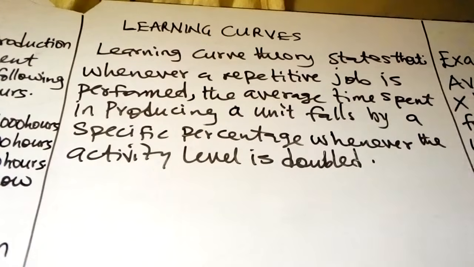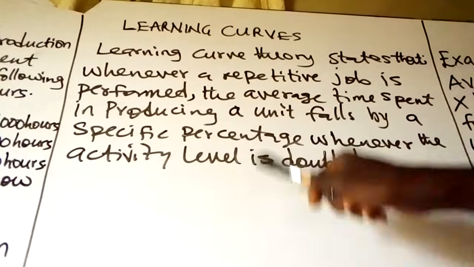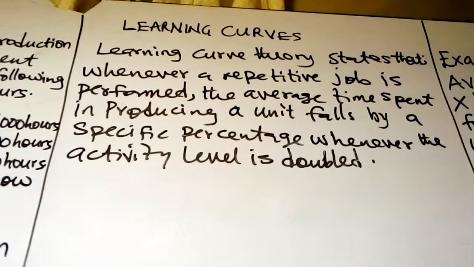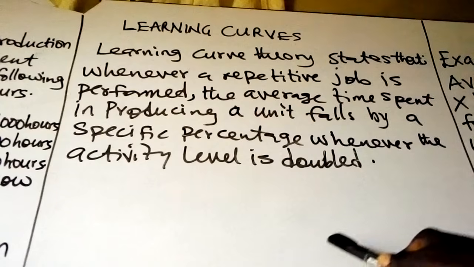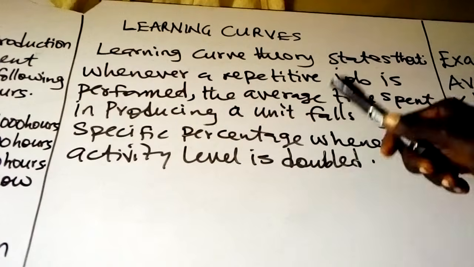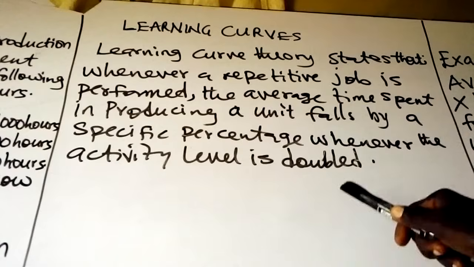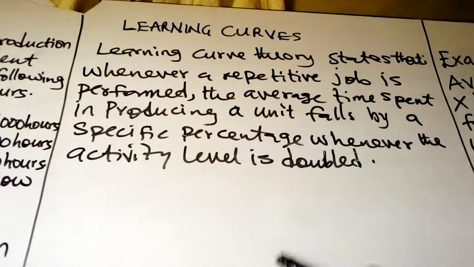Number 2, the initial bottleneck associated with the task will be overcome gradually. And number 3, he becomes familiar with the problem areas and finds an appropriate solution to take care of such problems. As a result of all this, a lot of time is saved and the time used in the task reduces. So that is learning curve.